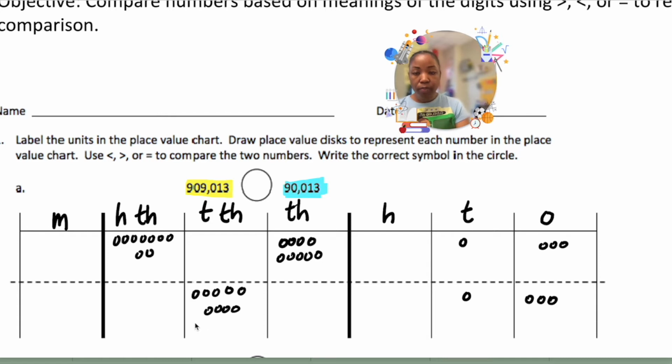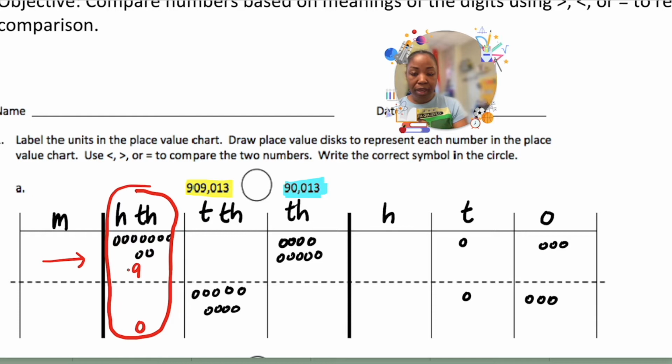Okay, so if I start comparing, I'm going to look at the greatest place value. That's the 100,000s. I see that there are 9 100,000s here and no 100,000s here. So this number is greater than the second number, because 900,000 is greater than 0 100,000s. So I'm going to put a greater than symbol there.